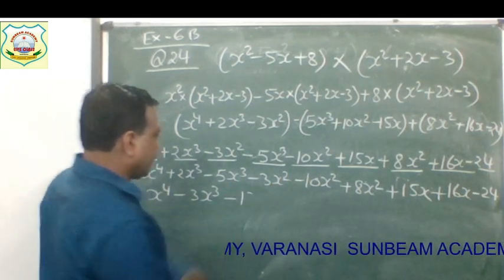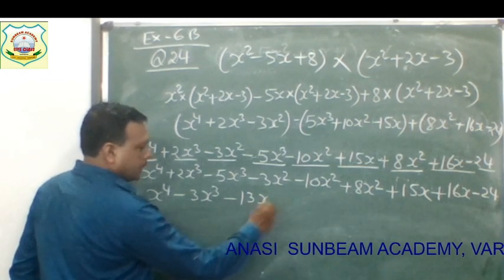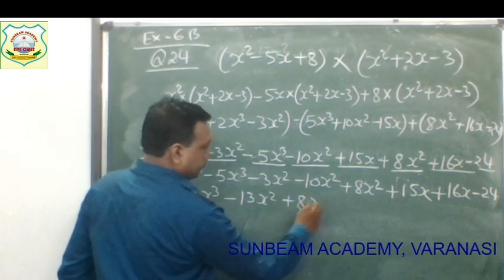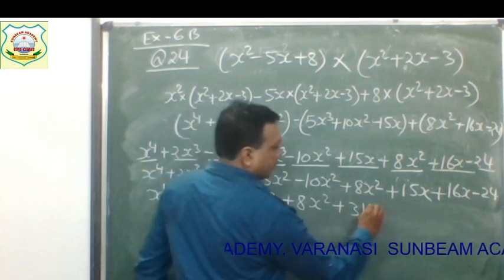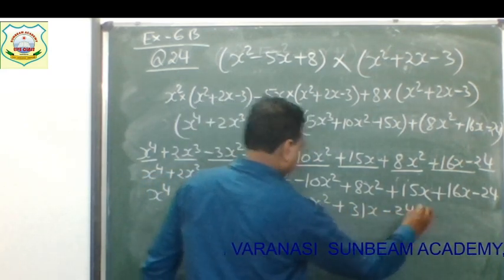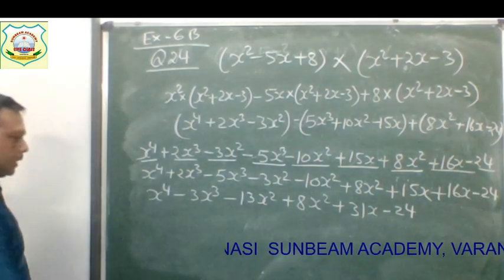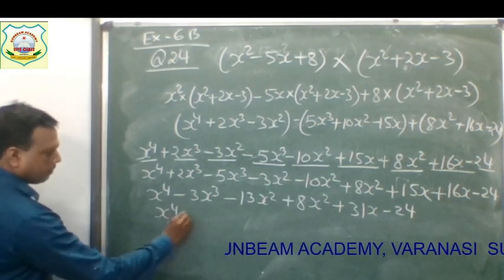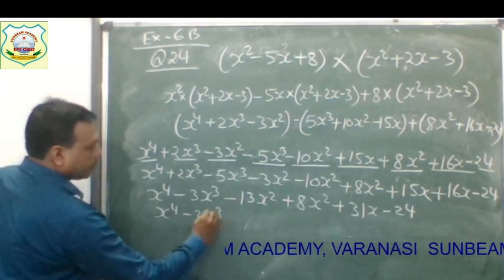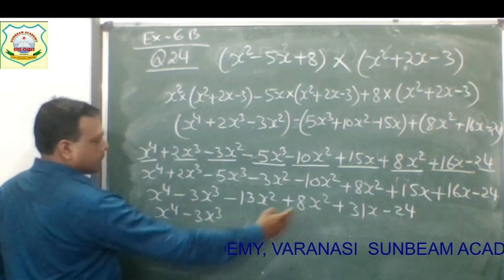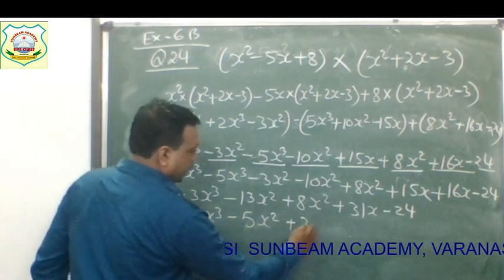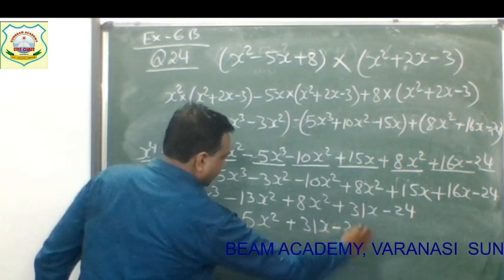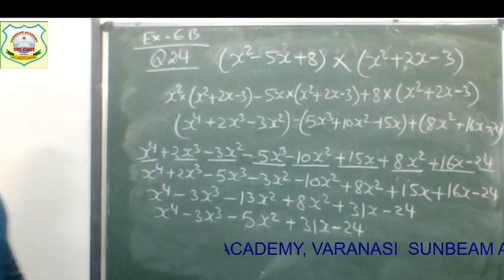So minus 13, okay, minus 13x square and plus 8x square. Plus 15x 16, plus 31x, minus 24. Here only we will do this. x power 4 minus 3x cube minus 5x square plus 31x minus 24. Okay students, note it down.